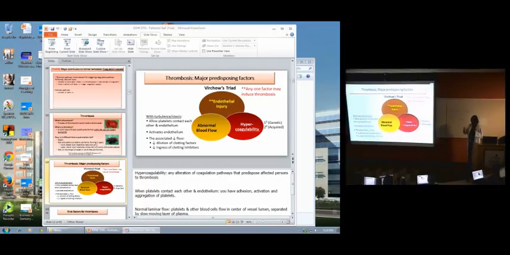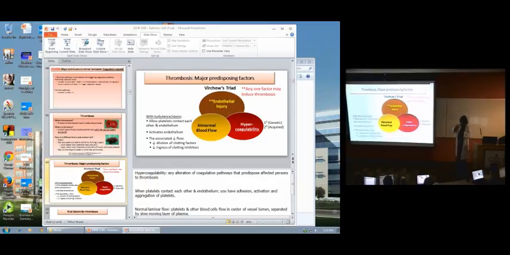Normally, when blood flows, it's referred to as what? A laminar flow. And when the blood is flowing through the vessels, what do you find in the center? Do you remember? In the center you tend to have the red blood cells, and then you also have the platelets.